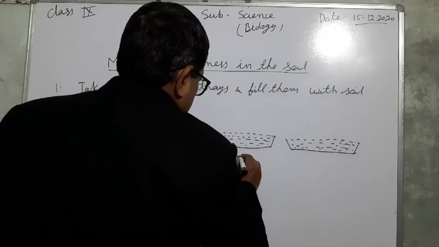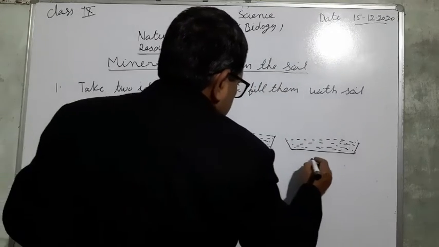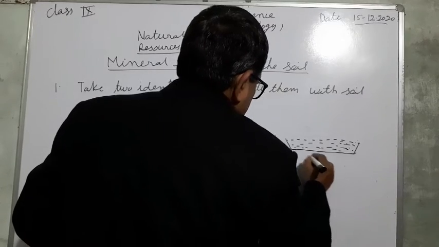Suppose this is tray A and this is tray B.